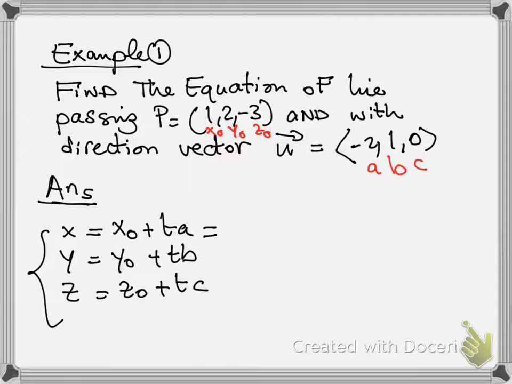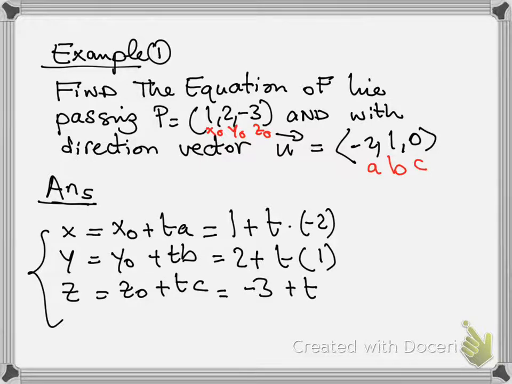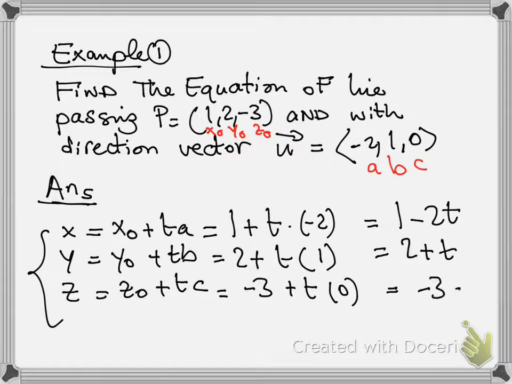So that will be equal to, x0 is 1 plus t times a, so t times negative 2. Y0 is 2 plus t times b times 1. And z0 is negative 3 plus t times 0. So x is 1 minus 2t, y is 2 plus t, and z is equal to negative 3 plus 0. So it's just negative 3.